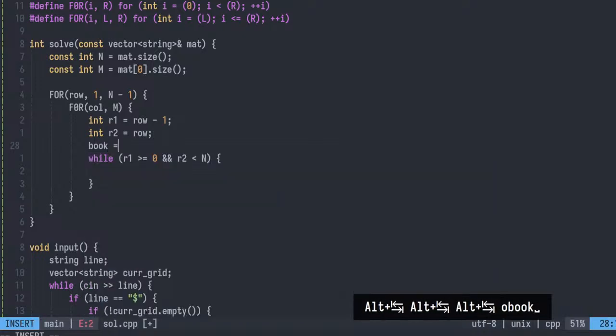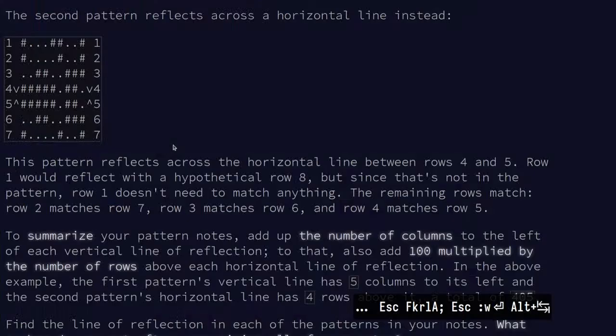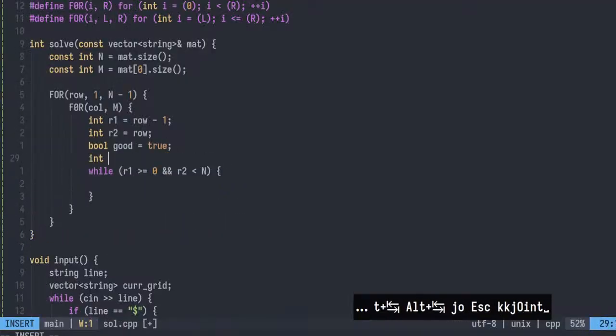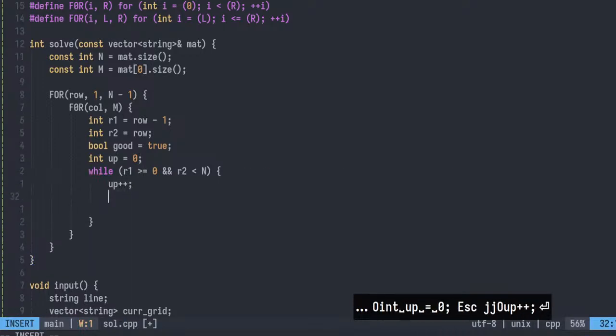This variable will say that it is a good line or not, and I also need to count up columns. So this would mean to check r1 of this column is same as r2 of the same column.